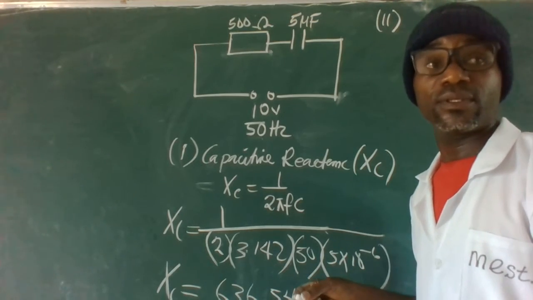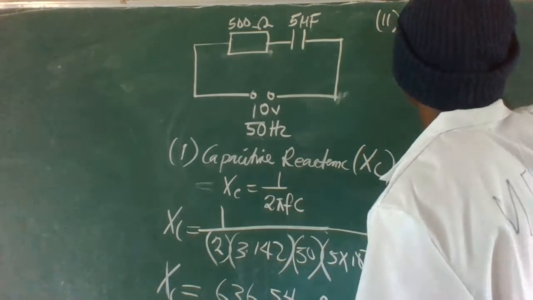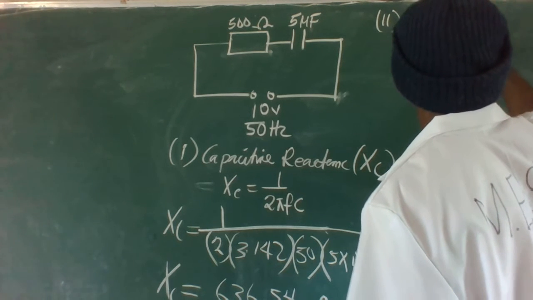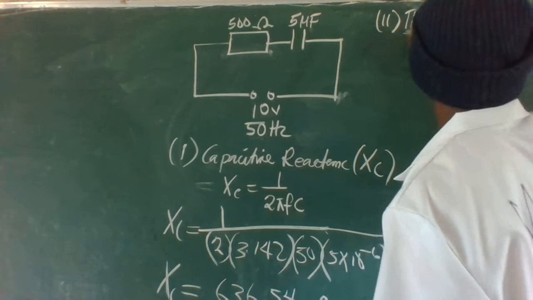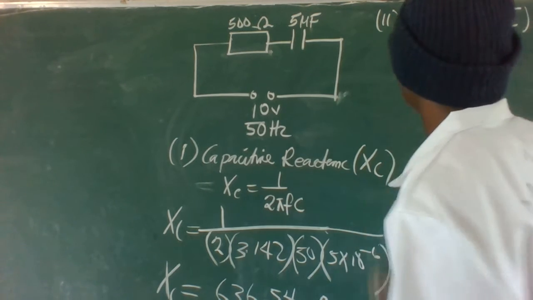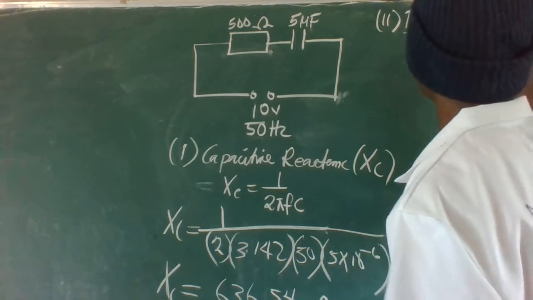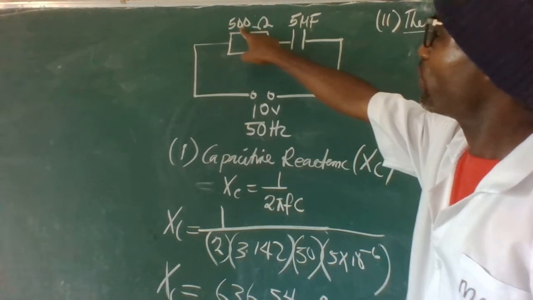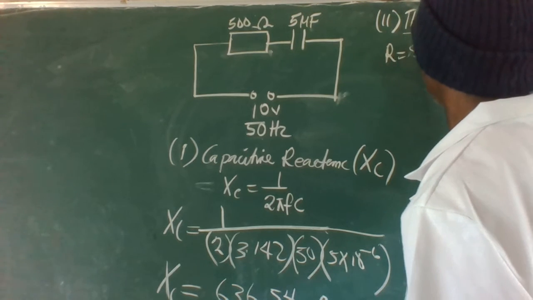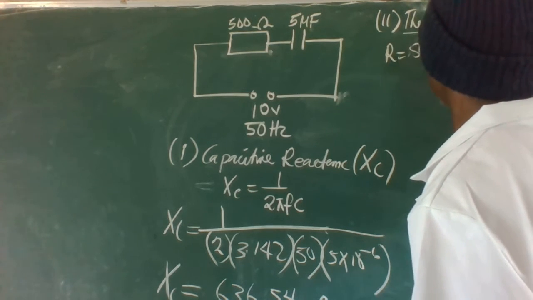The total current in the circuit. We are going to calculate the current in the circuit, right? Yes. The current is represented with the letter I, right? Yes, sir. So to calculate the current in the circuit, we have the resistor giving us 500 ohms, right? Yes, sir.